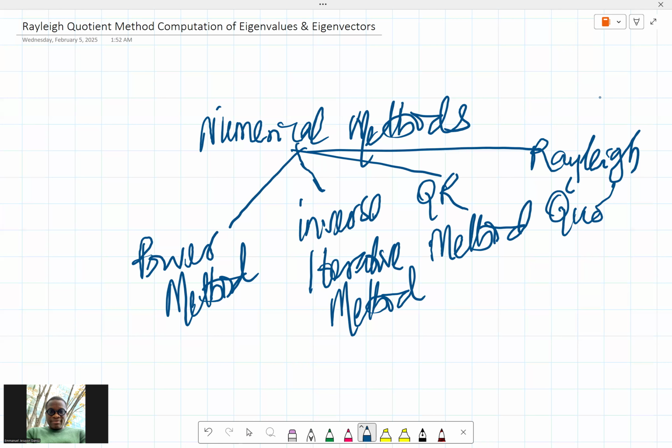In previous videos, we had dealt with the power method, inverse iterative method, and QR method. Now the focus turns to the Rayleigh quotient method.